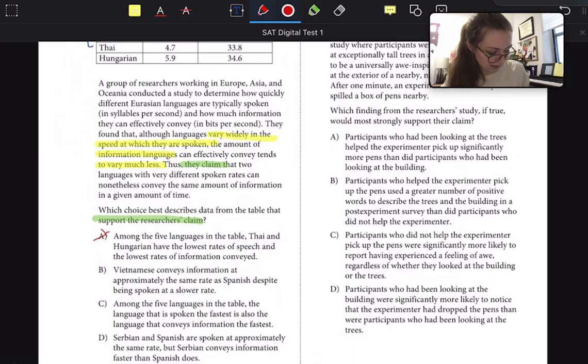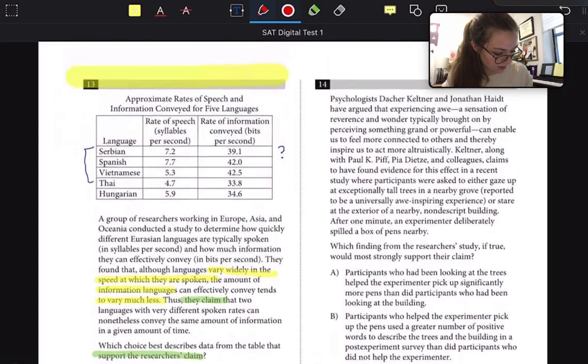All right, let's look at the second one. Vietnamese conveys information at approximately the same rate as Spanish, despite being spoken at a lower rate, or at a slower rate. Again, this is two pieces of information that we're trying to either prove or disprove. So Vietnamese conveys information at approximately the same rate as Spanish.